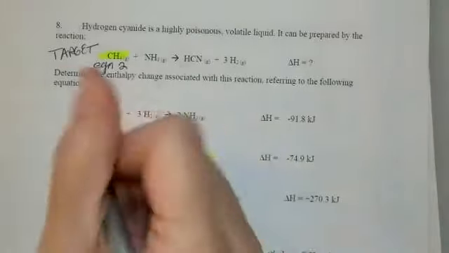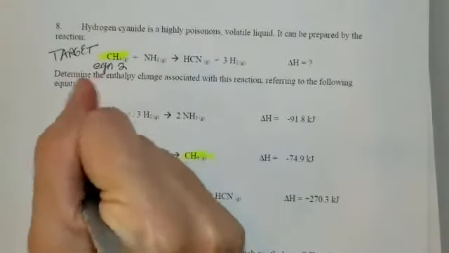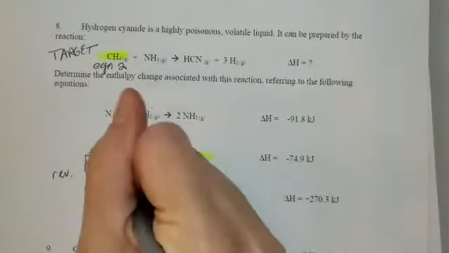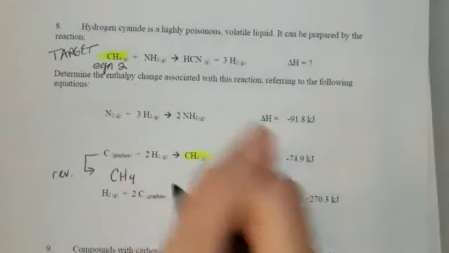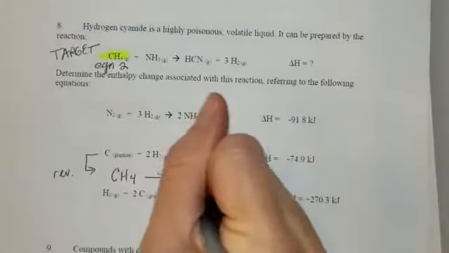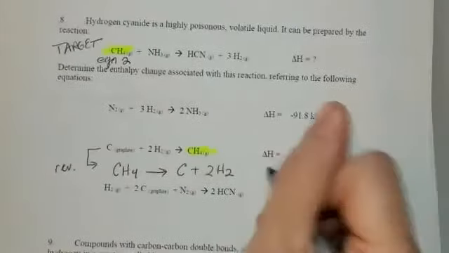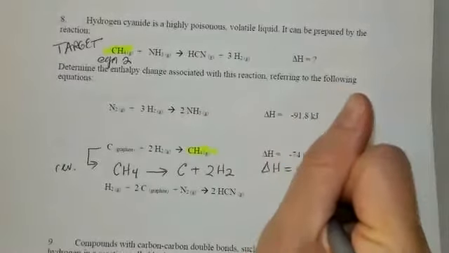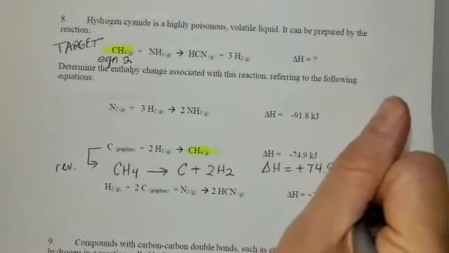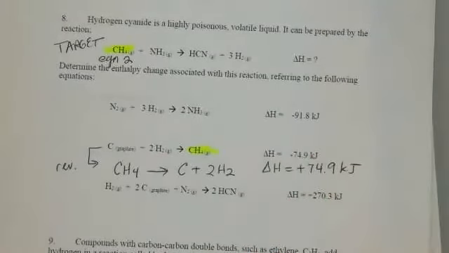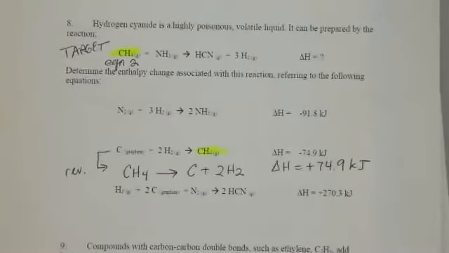So I'm going to have to reverse this equation. So the methane is going to be the reactant. The carbon is going to be the product, and the 2 hydrogens as well. And so that delta H is now going to be a positive 74.9 kilojoules, right? So that's my first manipulation.